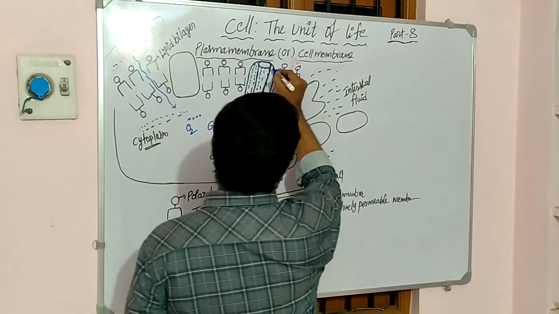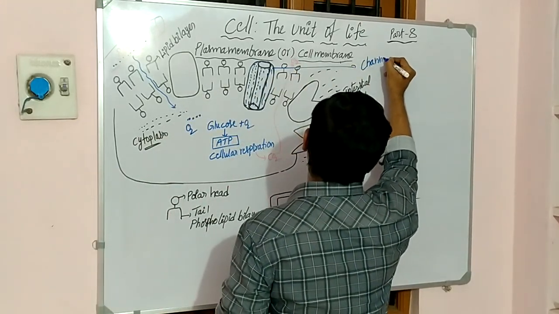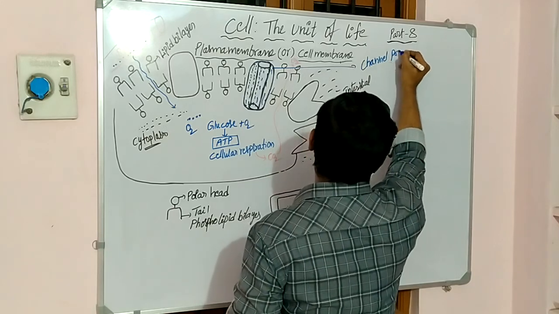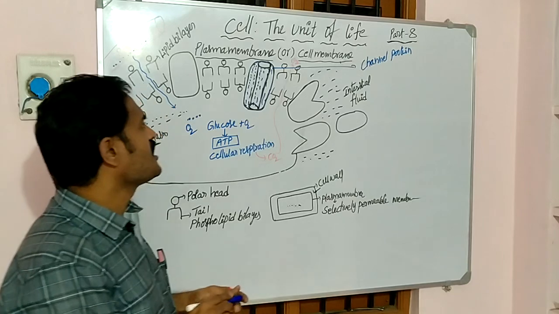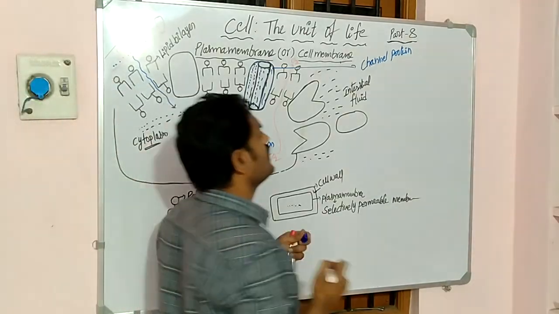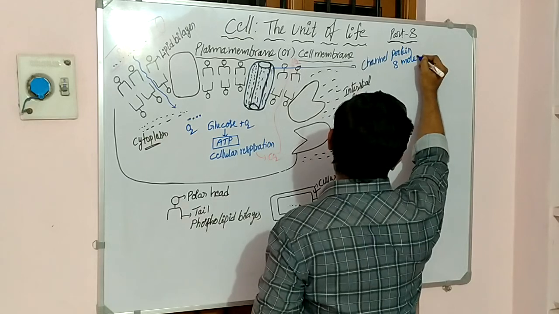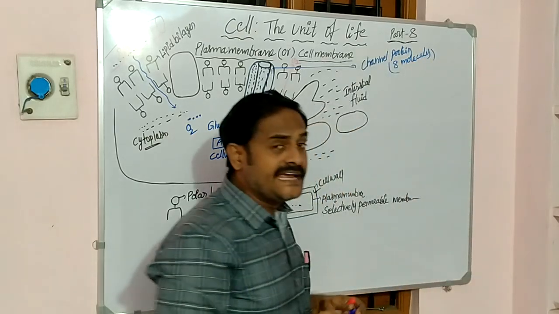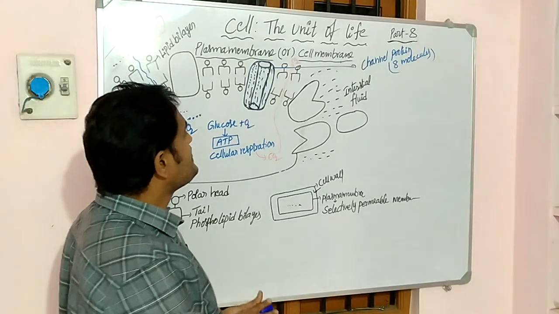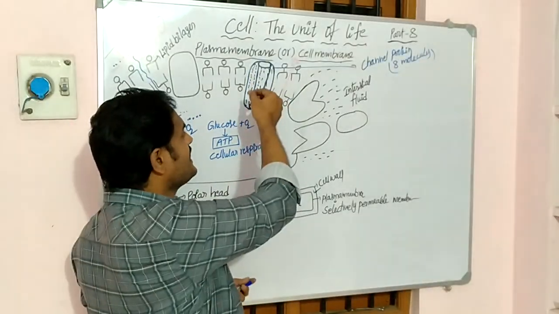So what is the name of this protein? Channel protein. Okay, this channel protein is made up of 8 molecules, remember. These 8 molecules form a channel.